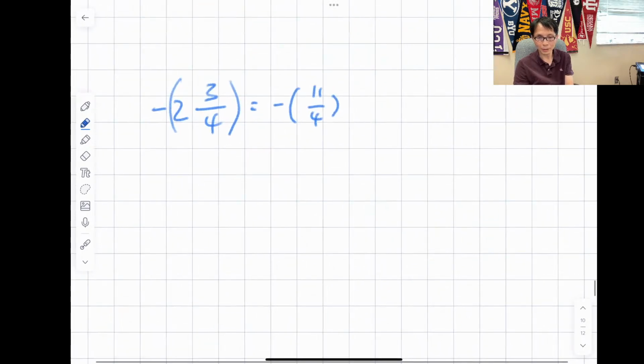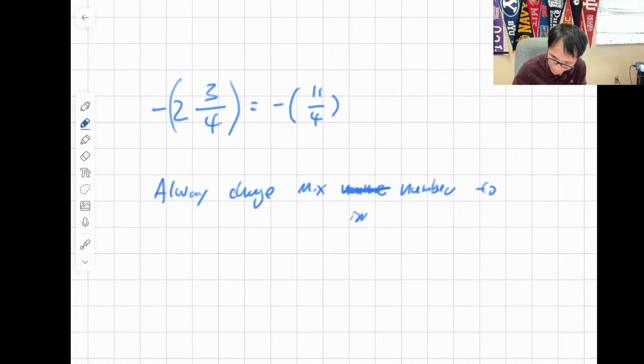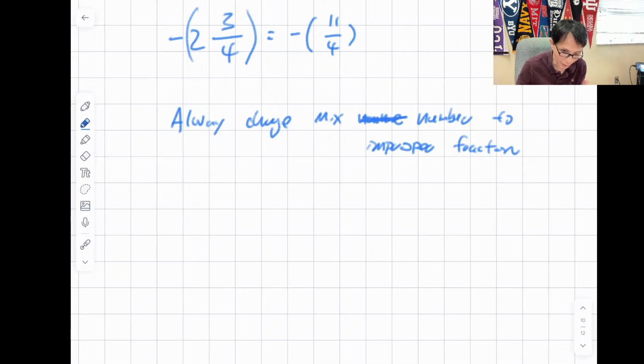So now, next thing, always change mixed numbers to improper fractions, whether you are adding or subtracting, because that's the key. You have to make sure you change that.